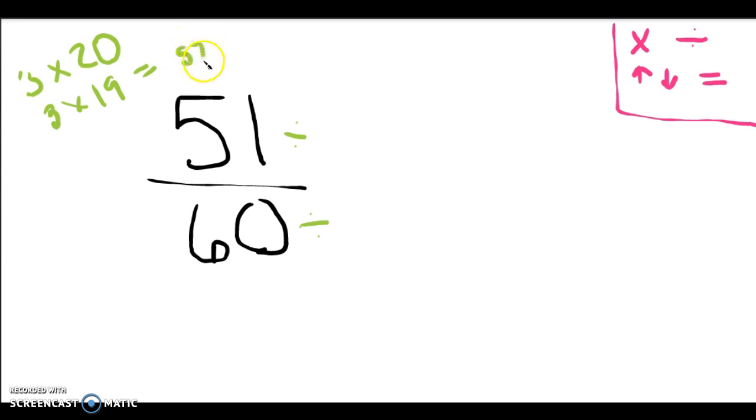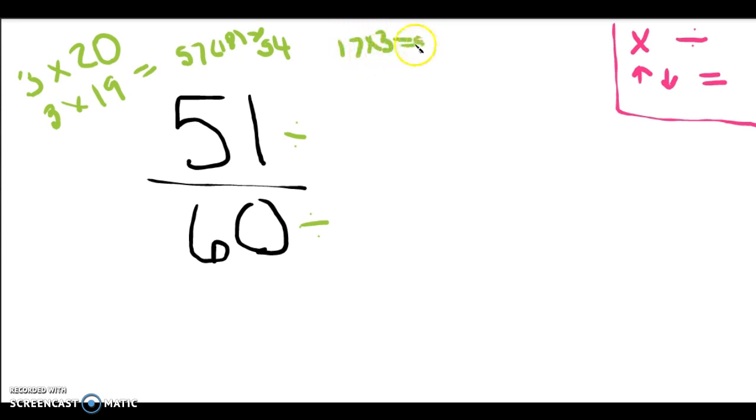If I take away 3 another time, I go 57, 56, 55, 54. Okay. All right, so 54 is if you do it 18 times. There we go. Then I'm going to take away 3 one more time. So 54, 53, 52, 51. Okay, so if I do 17 times 3, I actually get 51.